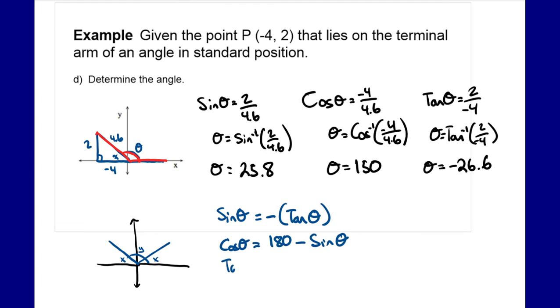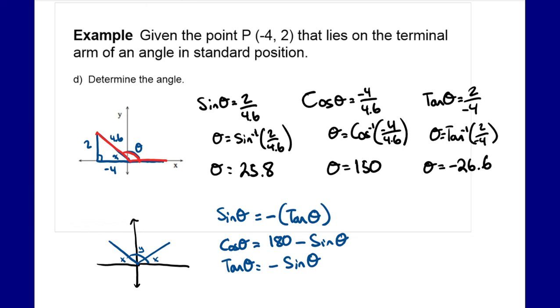And you can say tan theta will equal negative sine theta. So it's just different relationships. Again, we get similar parts that are related, because we're dealing with negative numbers, or technically because the terminal angle is obtuse, it does give us some varying answers.